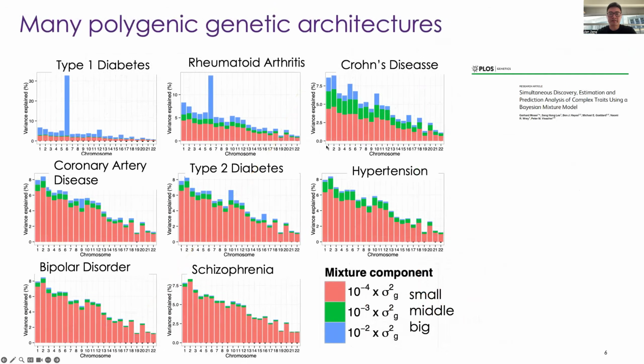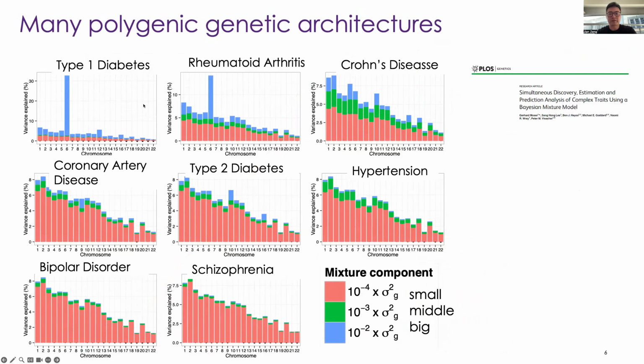Such an architecture is not unique to one disease. Using Bayesian methods, which we will talk about later in the course, we can estimate how much variation is explained by SNPs with small effect, how much by moderate effect, and how much by large effect. The results show that different diseases do have different genetic architectures.